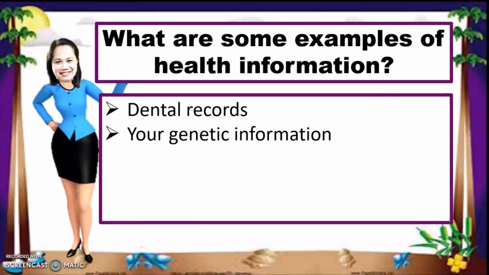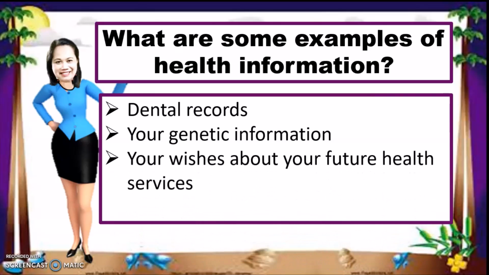What are the hereditary diseases that you have in your family? Okay? And then, your wishes about your future health services. For example, I am going to have my Medicard. Okay? So that in the future, when I get sick, I can have my health services in the hospital.